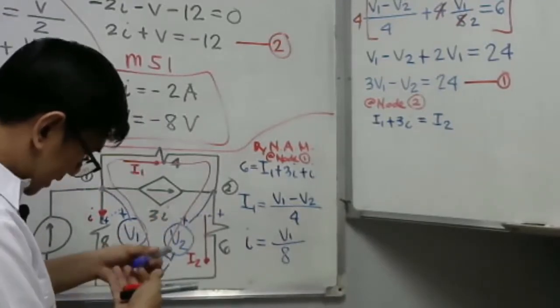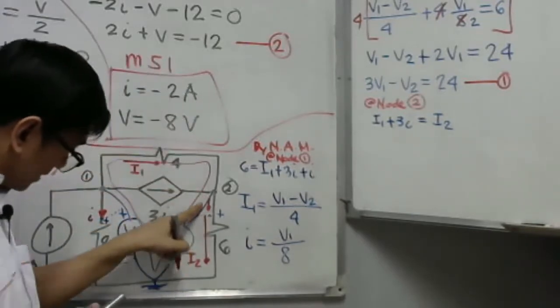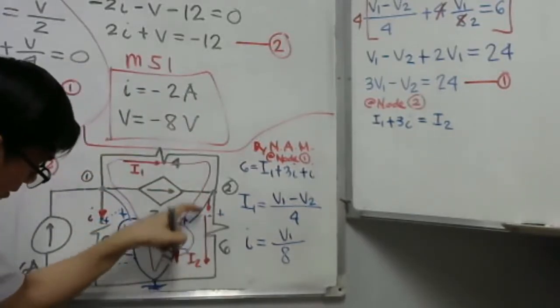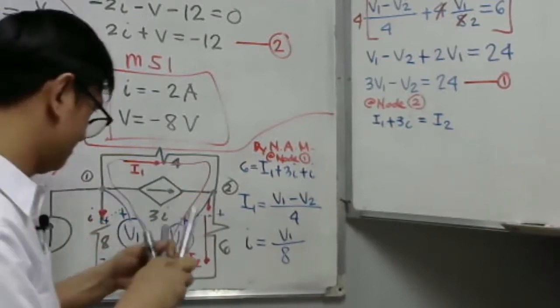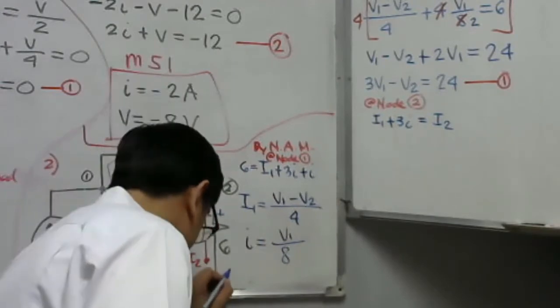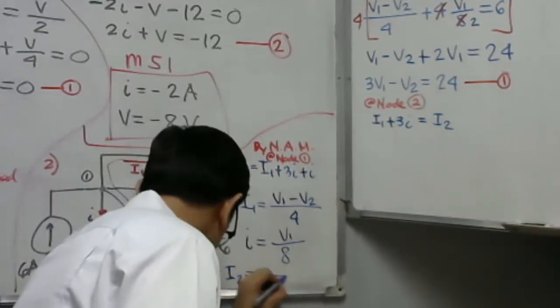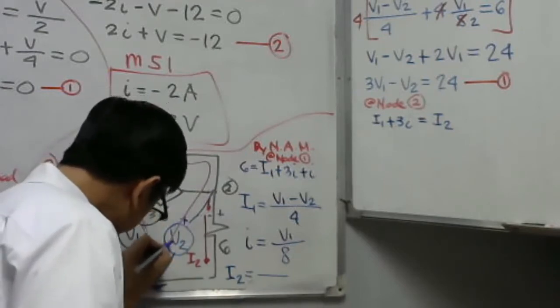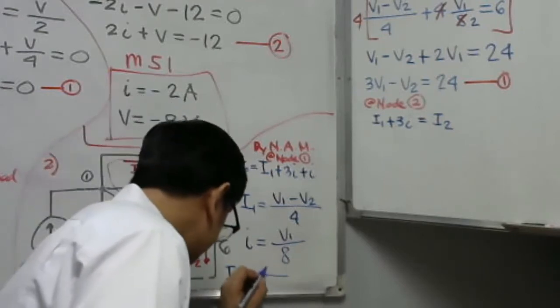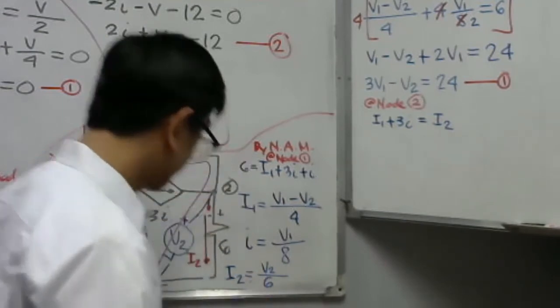Our current I sub 2 will enter the positive terminal, therefore that is positive. So I can just put it here, I sub 2, that will be V sub 2 over 6.